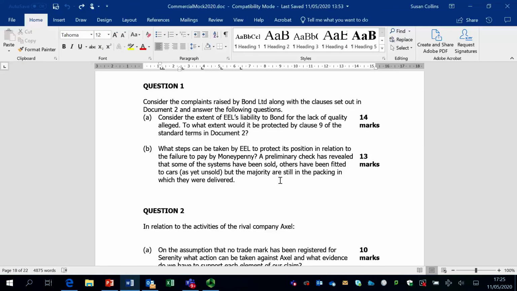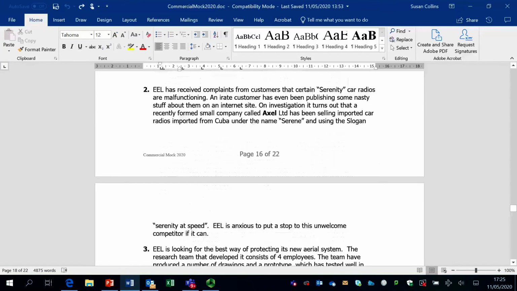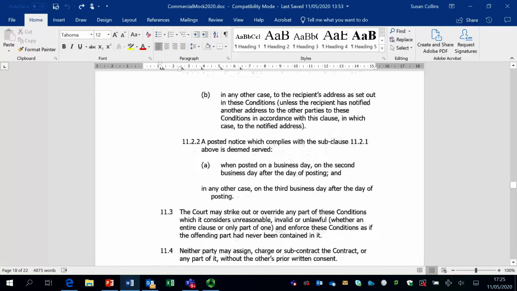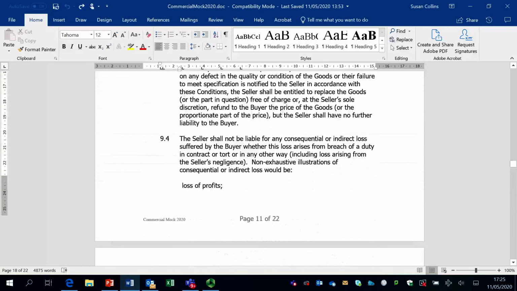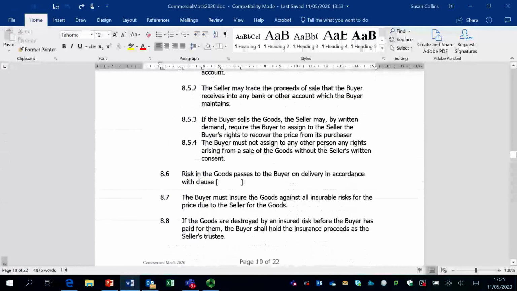So I would deal first with the systems that have been sold. And your issue there, of course, is that once the goods are sold, your problem is going to be around the fact that the sub-buyer will have taken title.